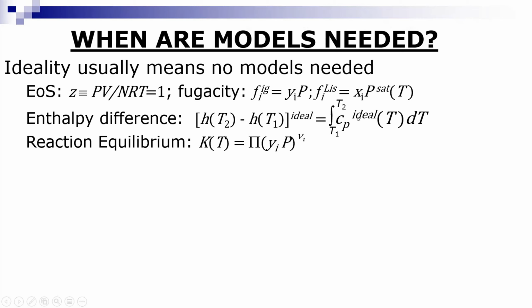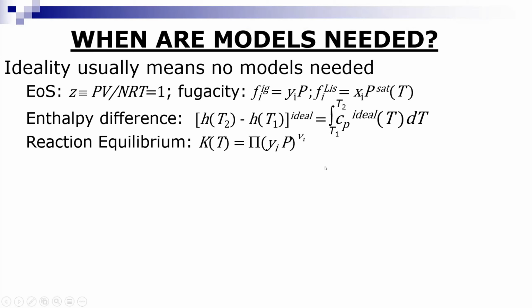The enthalpy difference would be simply a function of temperature, and you would integrate the heat capacity in order to be able to get an enthalpy difference. For reaction equilibrium, the equilibrium constant is equal to the product of the mole fraction times the pressure raised to the stoichiometric coefficient, and it's the product over all the species.